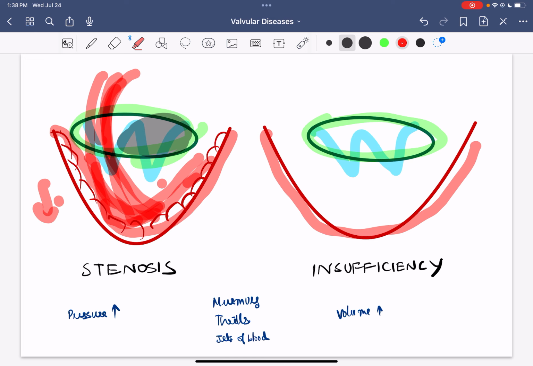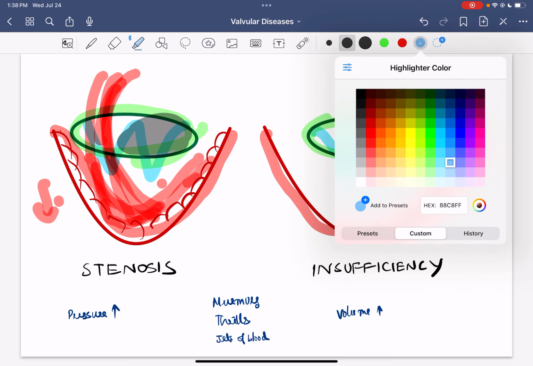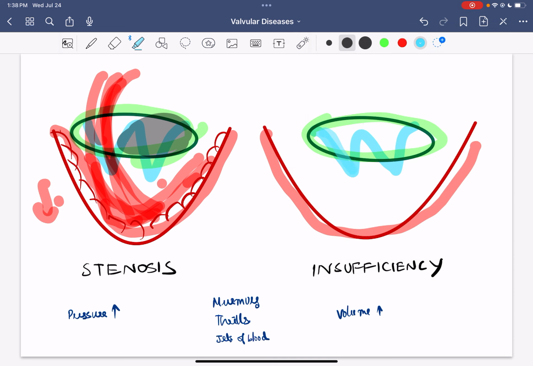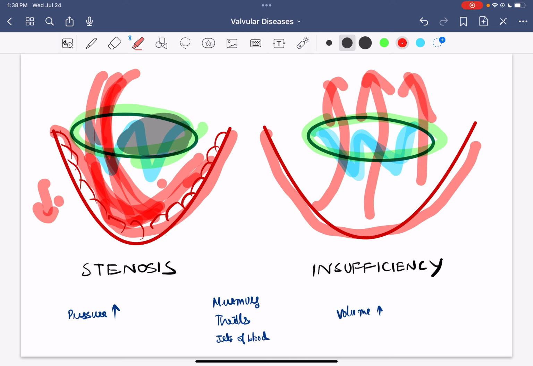Now, what about insufficiency? In insufficiency, this valve right here becomes incompetent. Usually in the phase of relaxation, after the blood flows out of this chamber, you want this valve to be closed so that no blood enters back.